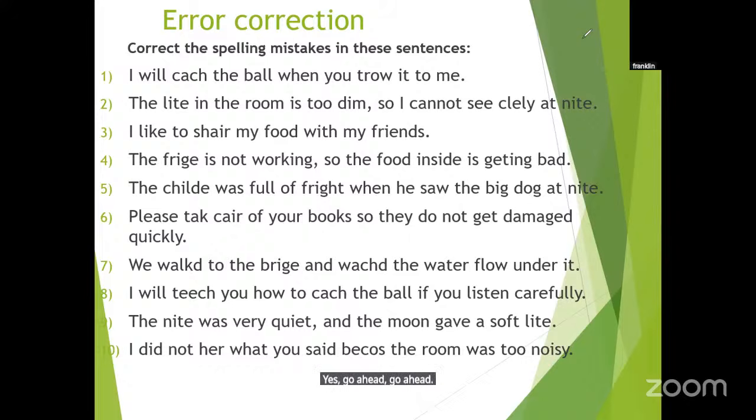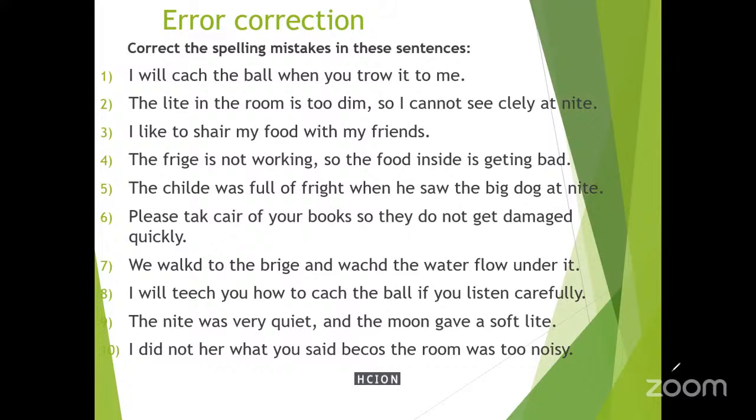P-U, N-E-C, T-U-A-L. Good. Punctuation. Spell punctuation. Okay, so P-U, N-C, T-U, A-T-I-O-N.